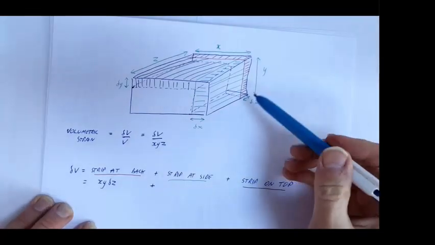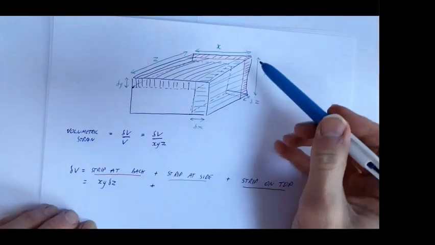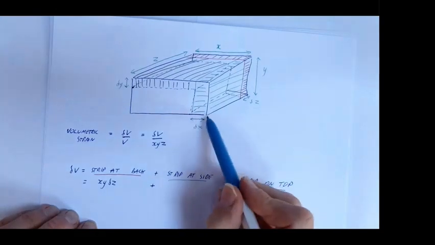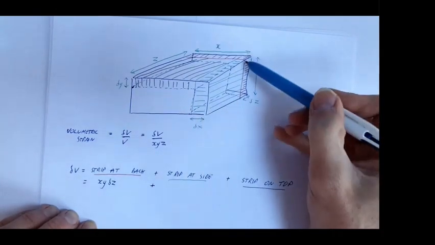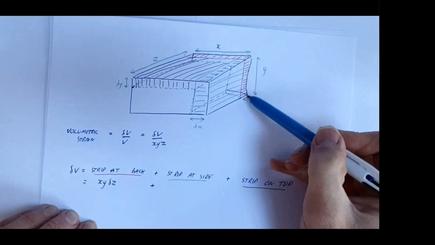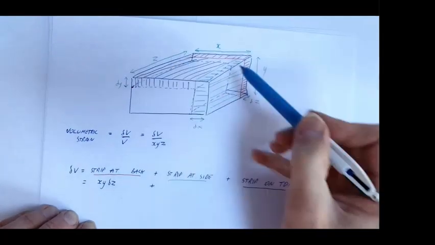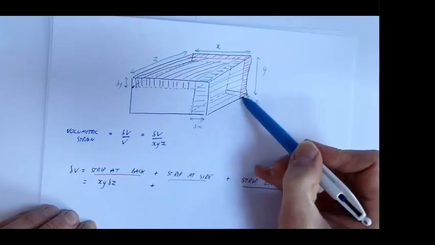Plus strip at the side. What's the volume of the strip at the side? Well, it is delta x times by y times by z minus delta z. That's this length here, isn't it?